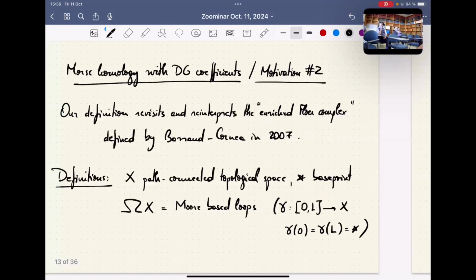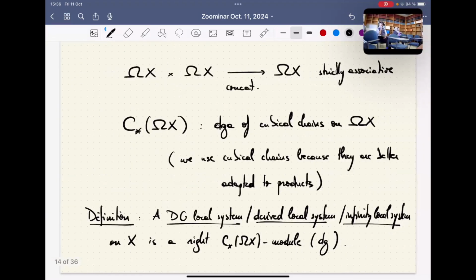The advantage of such a parameterization is that concatenation is now strictly associative, because upon concatenation, the lengths of the intervals just get added. The outcome is that on the chains on the based loops, we have a strictly associative differential graded algebra structure.